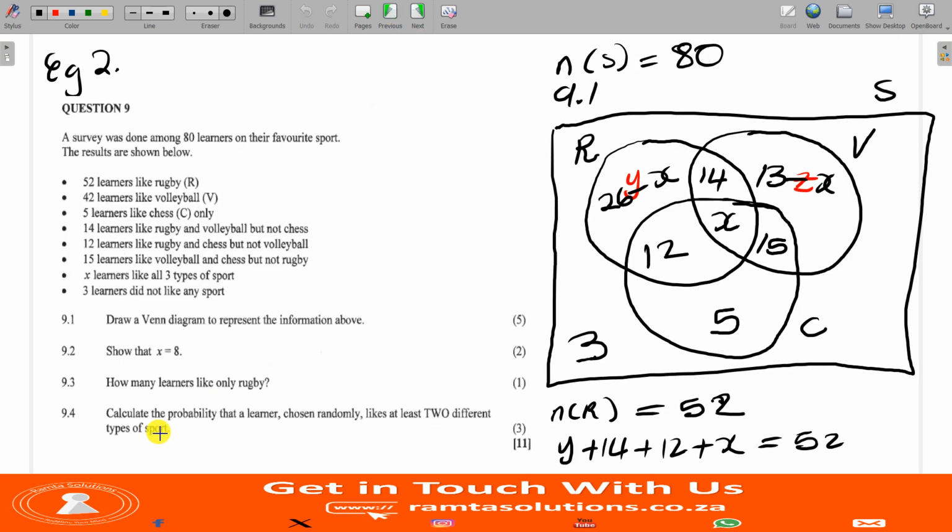Now calculate the probability that a learner chosen randomly likes at least 2 sports. So when they say a learner chosen randomly likes at least 2 sports, it means a minimum of 2, even 3 is fine. So let's go. It means you're going to say this plus this plus this plus this, over the sample space.